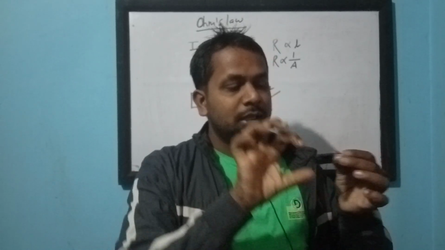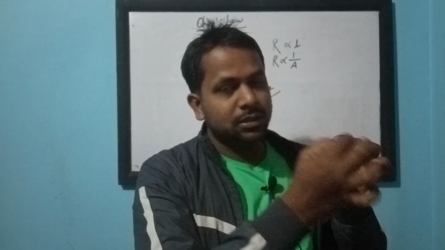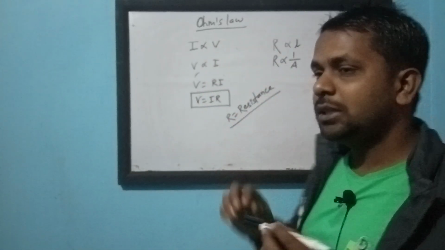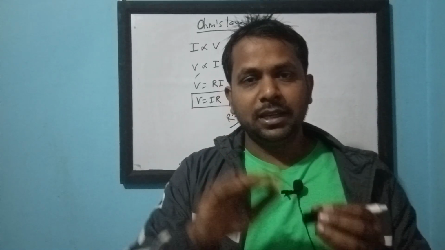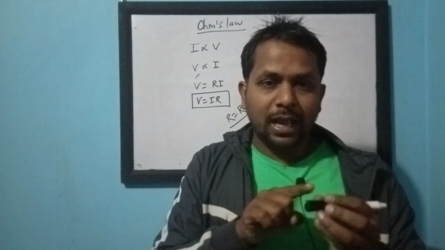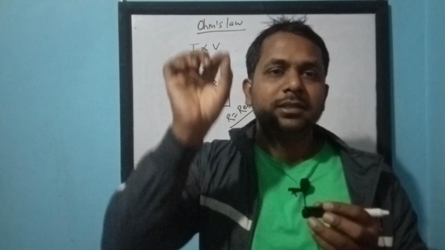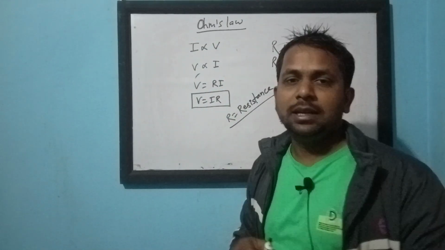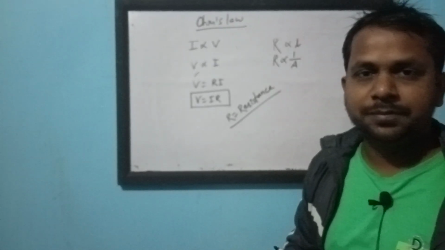If it is a thick wire, area of cross section will be more. If it is a thin wire, area of cross section will be less. It has been found that if current is flowing through a thick wire, resistance is less, and in a thin wire, resistance is high. It is inversely proportional to the area of cross section.